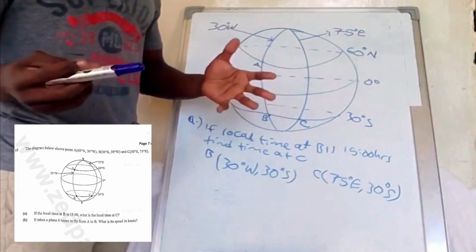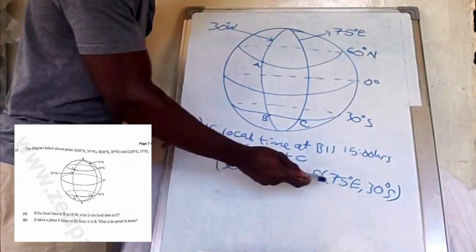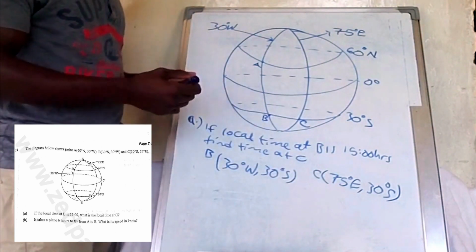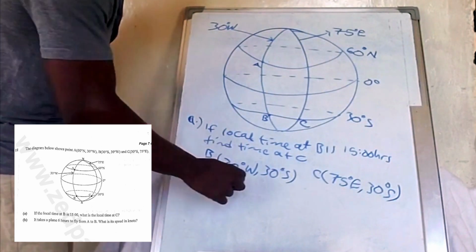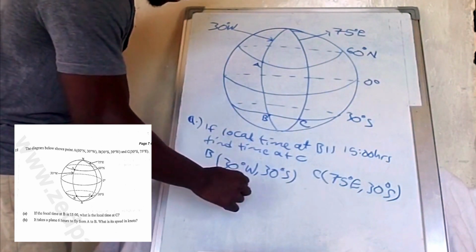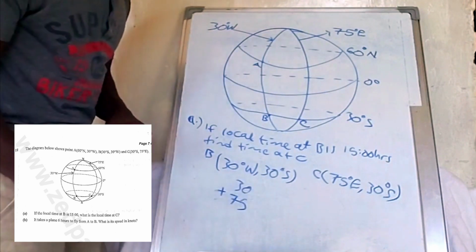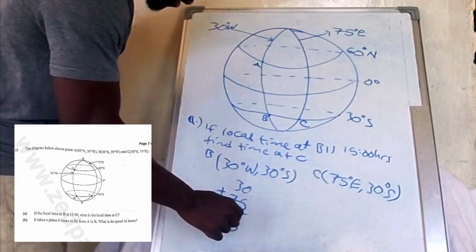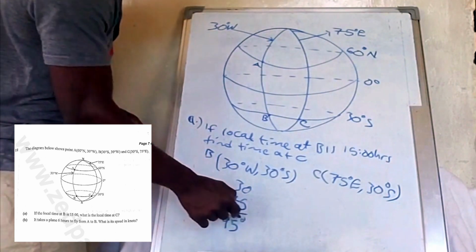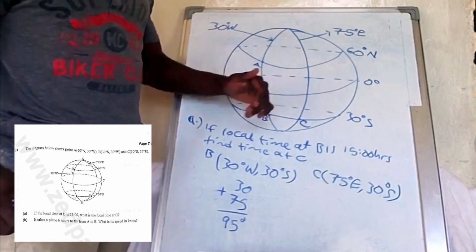So to find the difference in longitudes between the 2 points, we need to add the 30 degrees and the 75 degrees. 30 plus 75 gives us 95. So 95 degrees is the difference in longitudes between point B and point C.